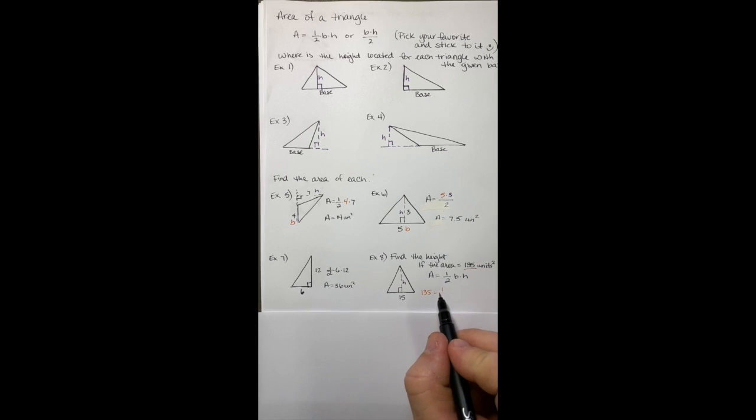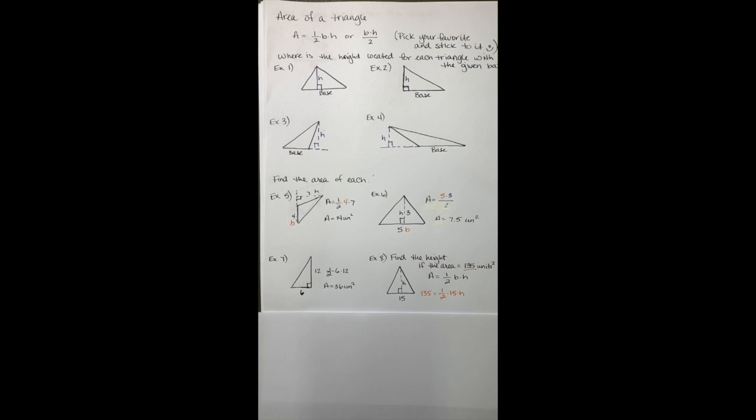And then 1/2. The base I know is 15, and I don't know my height. So you have a couple of options here. You can simply multiply 1/2 times 15 and get 7.5.